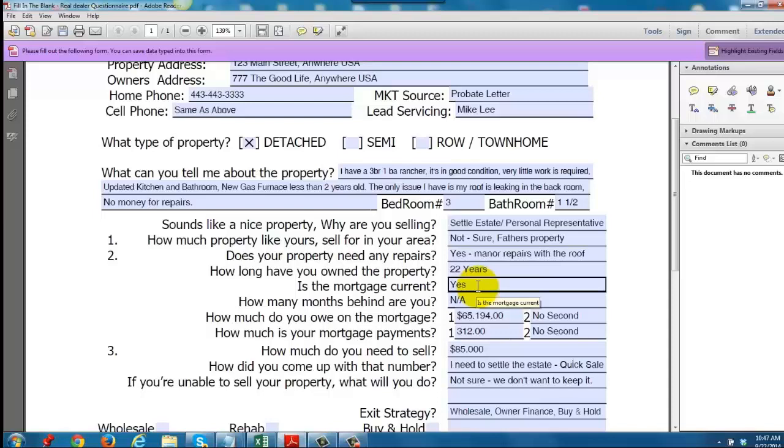Now, when I hear an answer like that, I'm thinking in terms of my two-step negotiation. Well, they say that the properties sell for $85,000 around the way. I'm going to use that number against them if it's not true. So I'm able to make an offer based on the numbers they give me, but I'm also able to renegotiate the offer based on my due diligence.